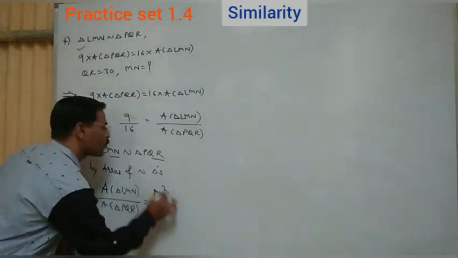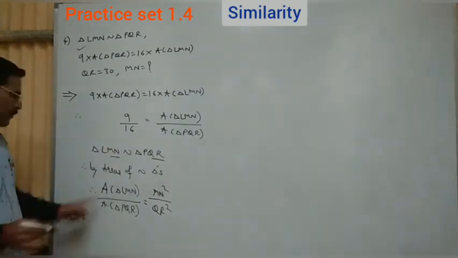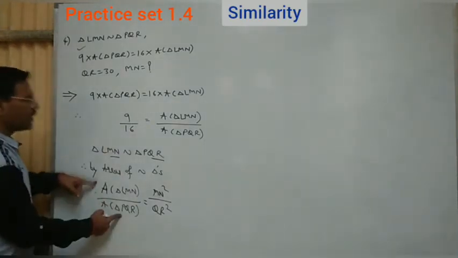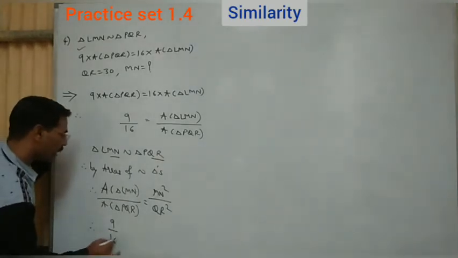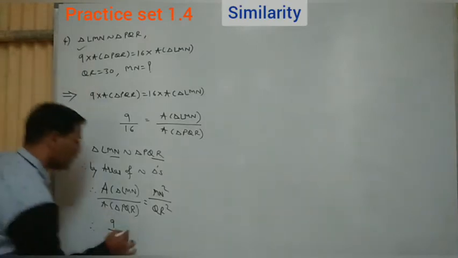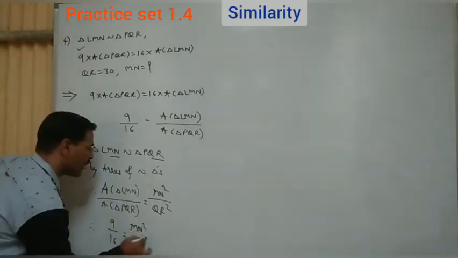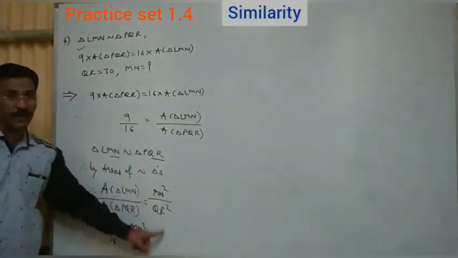So MN square upon QR square. We will put the values here. So LMN upon PQR here is nothing but 9 upon 16. Okay. This side, MN square, we have to find. QR is given. So MN square and QR square. Okay, don't forget that one.